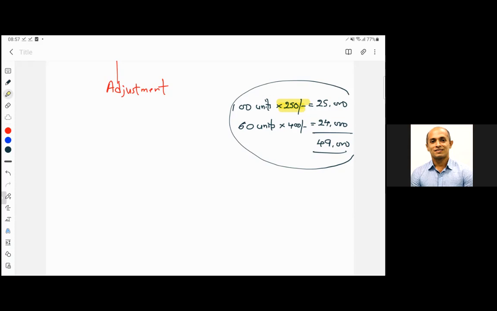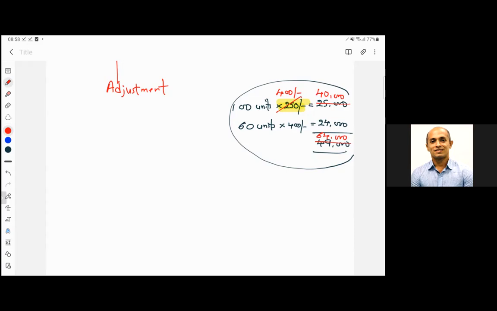If you have access to internal records, you can change the costing. Instead of this 250 price, you can put 400 and do the inventory costing. Then you see here 40,000, and the inventory value is 64,000.